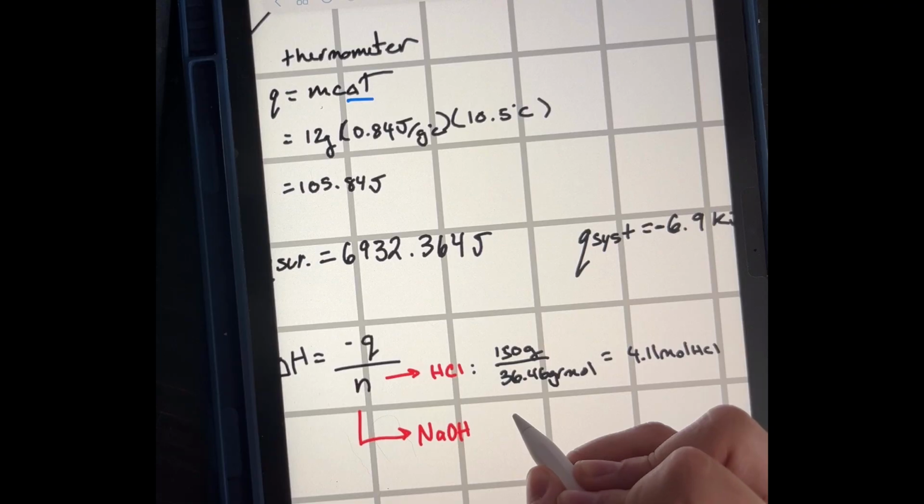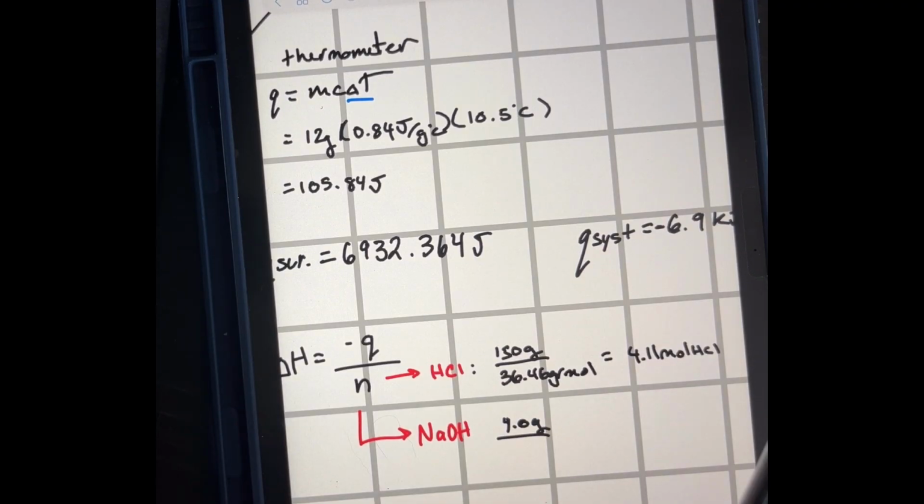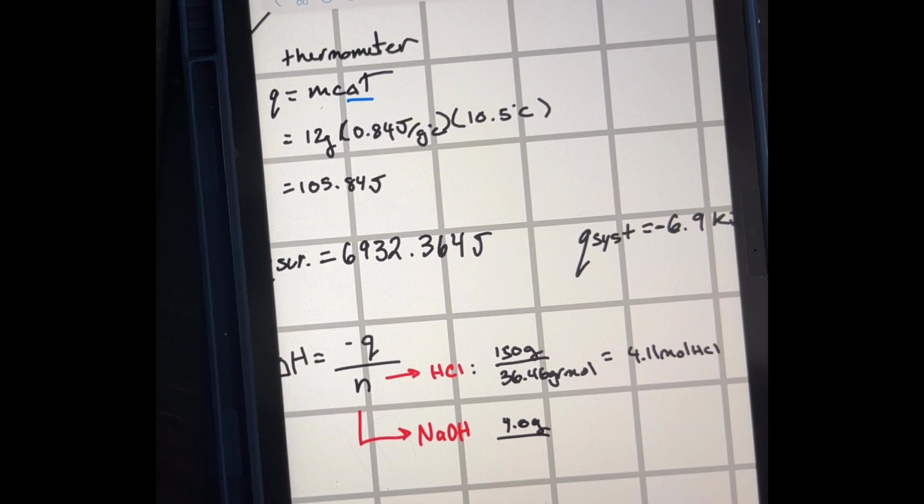This is 4 grams over 23 plus 16 plus 1.01, over 40.